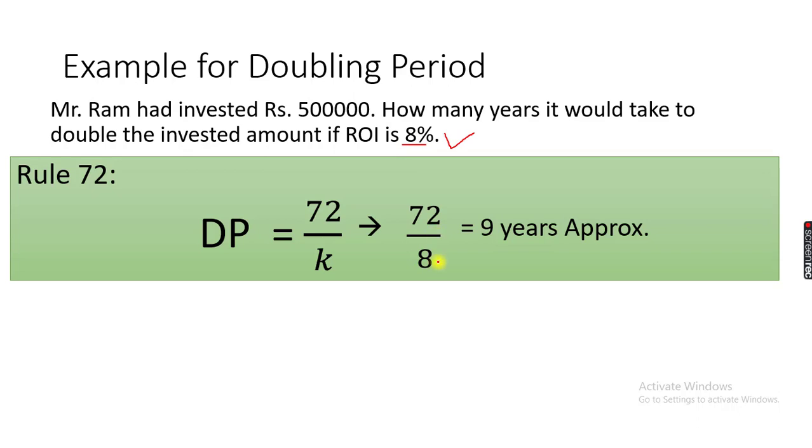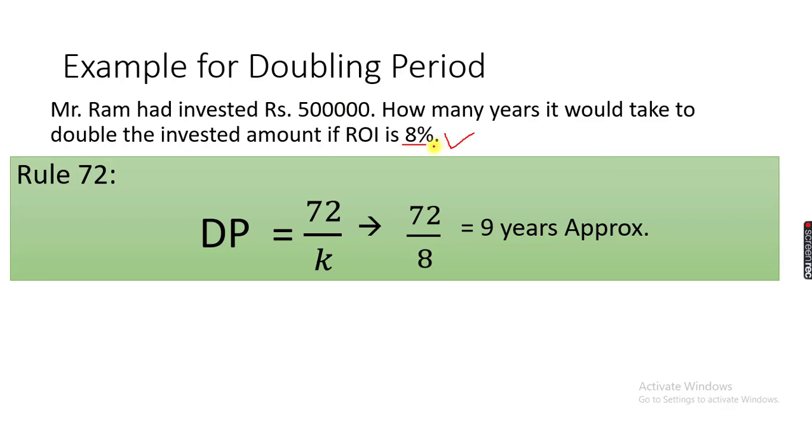So 72 divided by 8. Here we are required to take 8 directly. We need not take 0.08 as we have done in other calculations of time value of money. Then the approximate answer is 9 years. It would approximately take 9 years to double the amount invested by Mr. Ram, that is rupees 5 lakhs, if the interest rate is 8%.